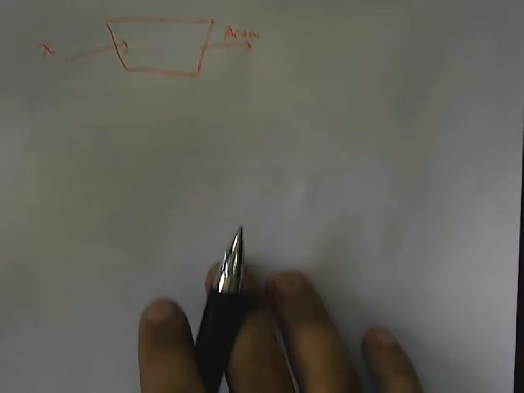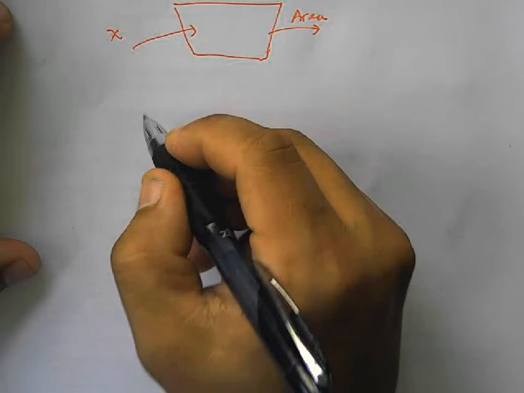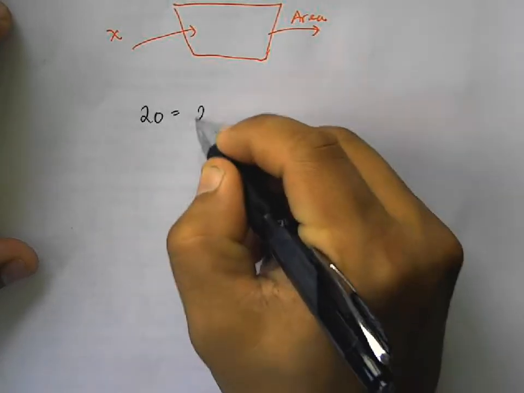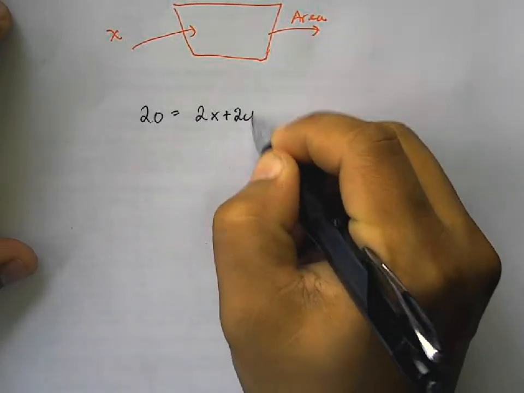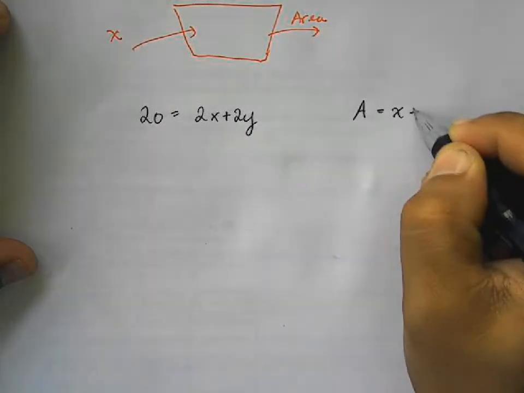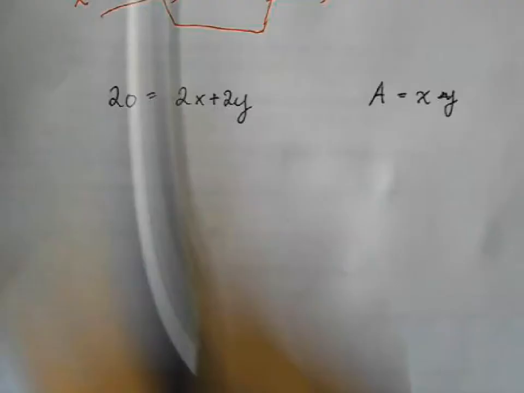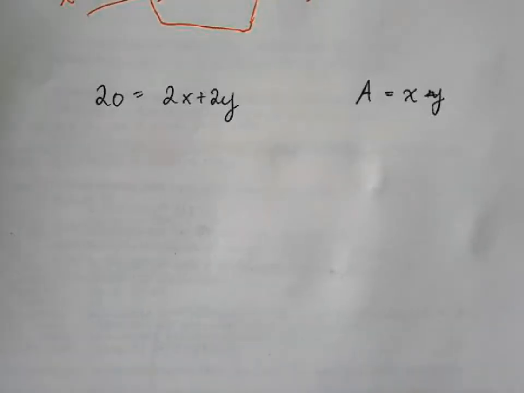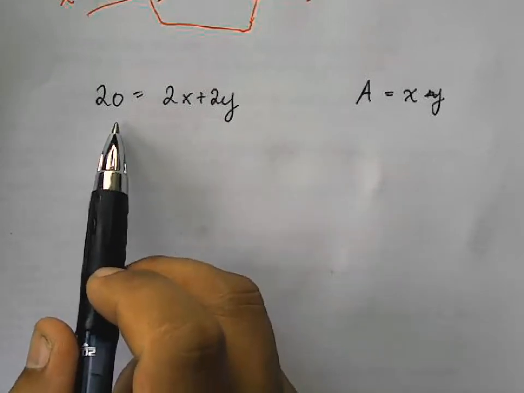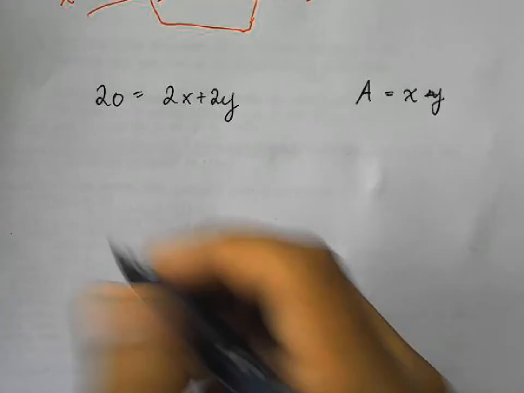I'm going to rewrite both of them down here just so that we have a little bit more space to work with. So 20 is equal to 2x plus 2y, and area is equal to x times y. So now what I'm going to do is just simplify one equation and then use it to substitute into the other.